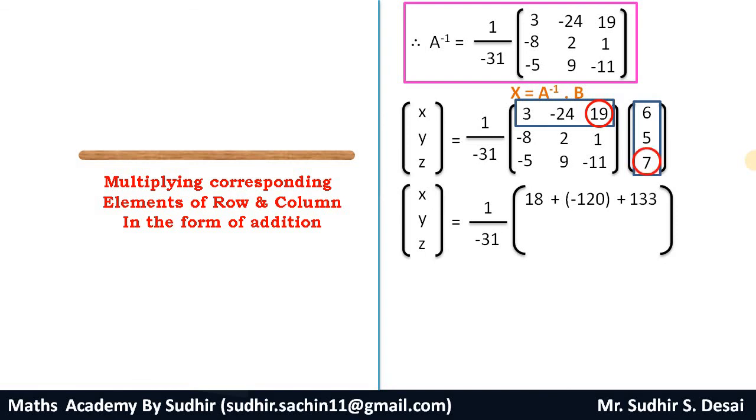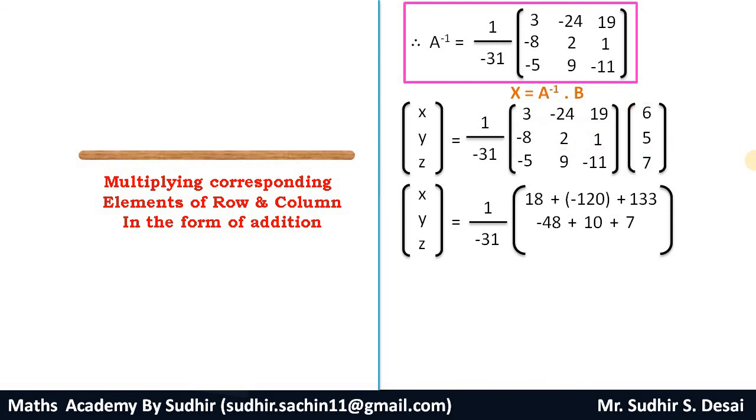So plus, the second element is minus 24 into 5, which is minus 120, plus the third element 19 into 7, which is 133. Now there is no column left for multiplication, so we will come to the second row and multiply it to the first column, again by taking corresponding multiplication of elements. So minus 8 into 6, minus 48, plus 2 into 5, 10, plus 1 into 7, that is 7.